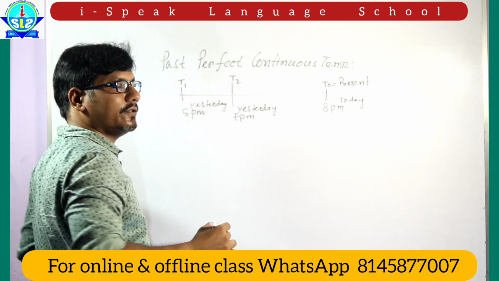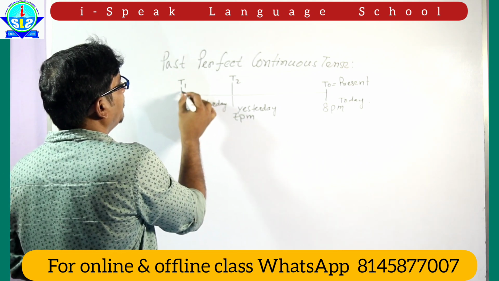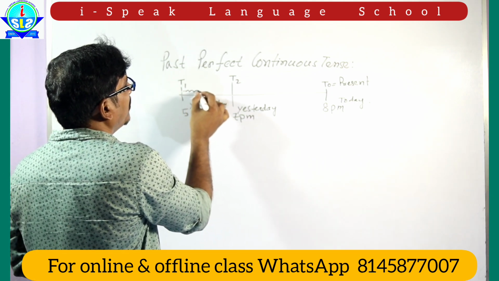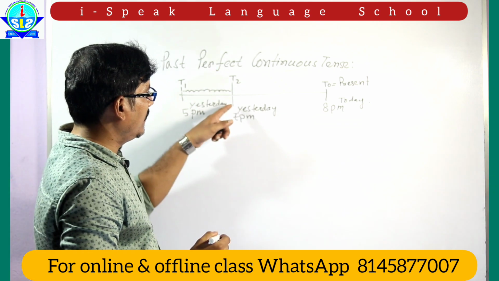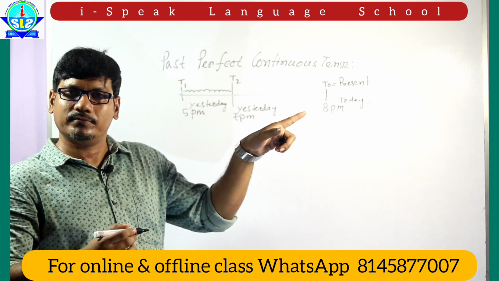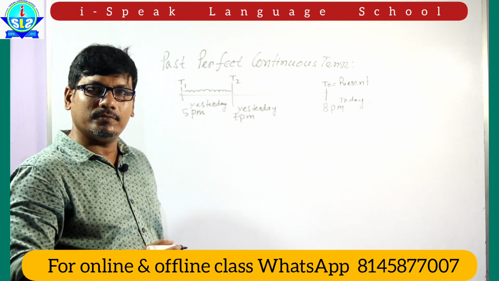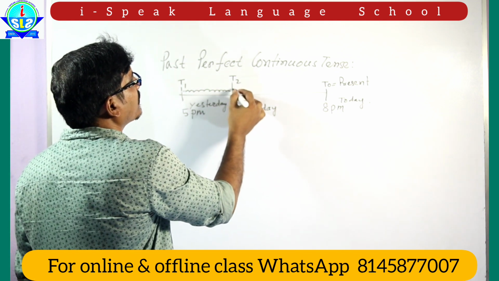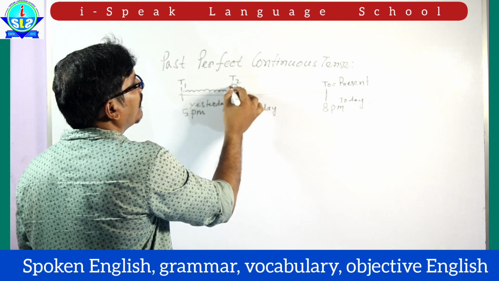Suppose any action started at 5 p.m. and kept going on up to 7 p.m. At 7 p.m., T2 time, another work started or happened.